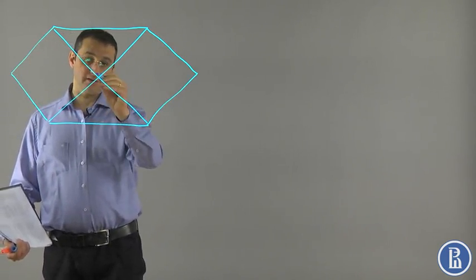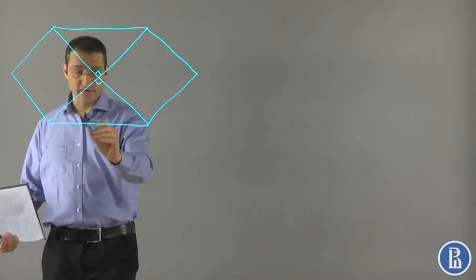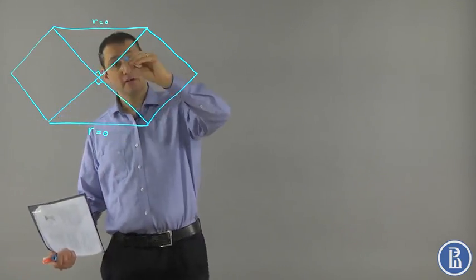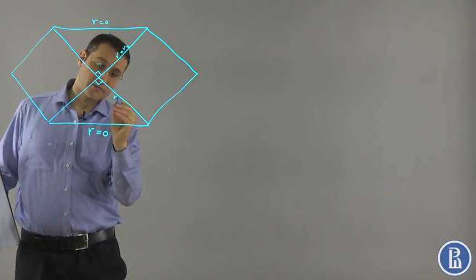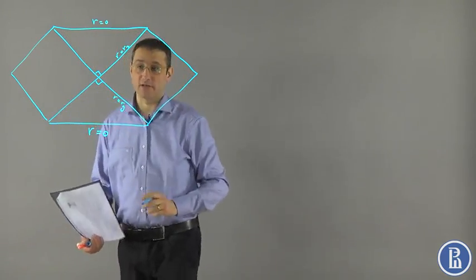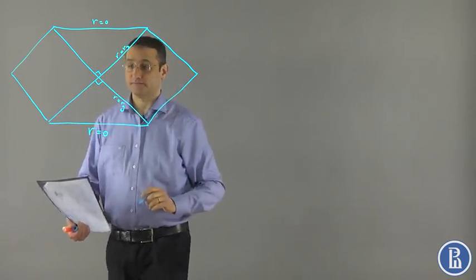And this is a straight angle, 90-degree angle. This corresponds to r equals 0. This corresponds to r equals 0. This corresponds to r equals r_g. This corresponds to r equals r_g. This part is covered by Schwarzschild coordinates, only this part.